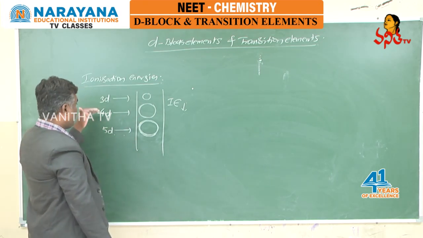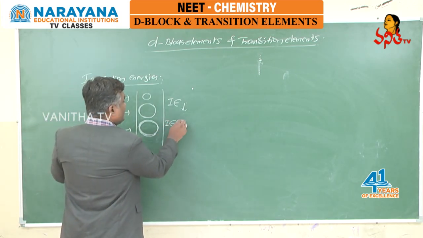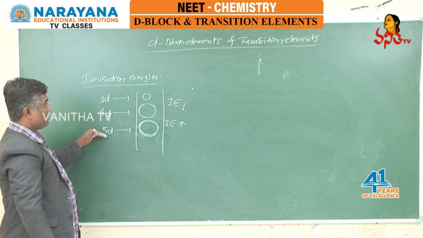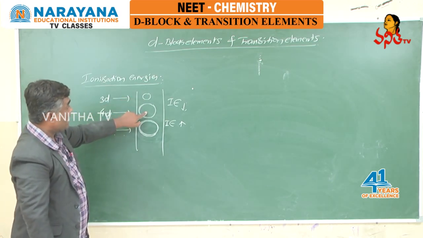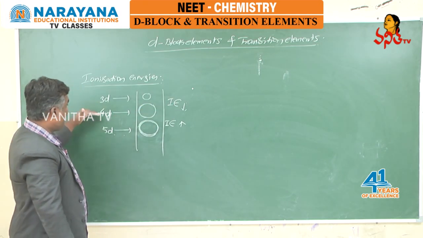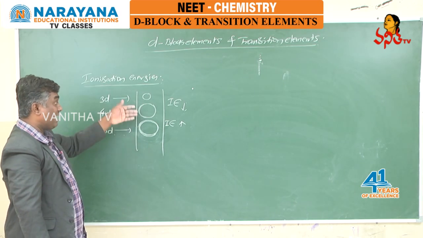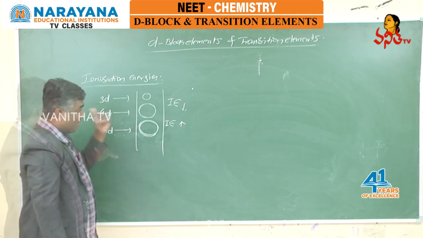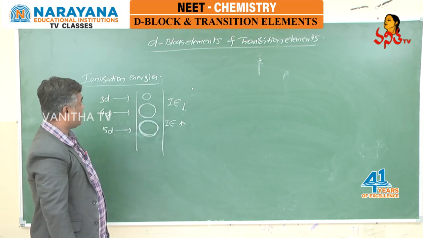Because of that reason, from 4d series to 5d series, ionization energy slightly increases, we can say students. From 3d series to 4d series, as size is increasing, ionization energy decreases. From 4d series to 5d series, size is remaining same, but here atomic number increases in multiples. Because of that reason, ionization energy slightly increases, we can say, right?